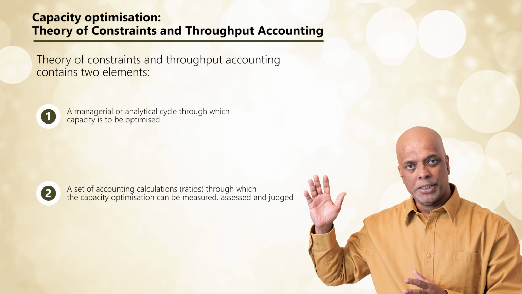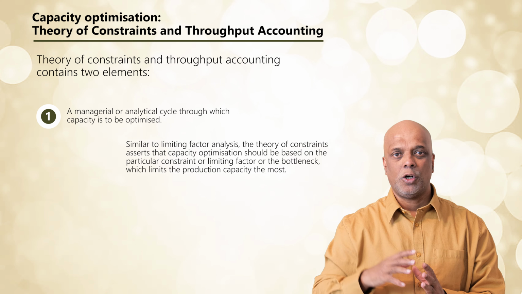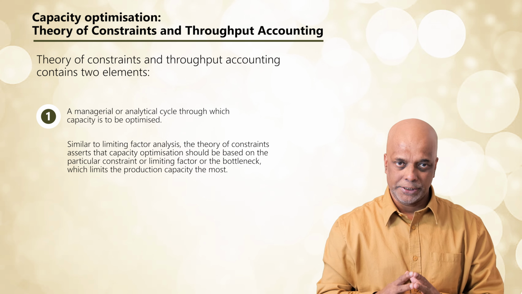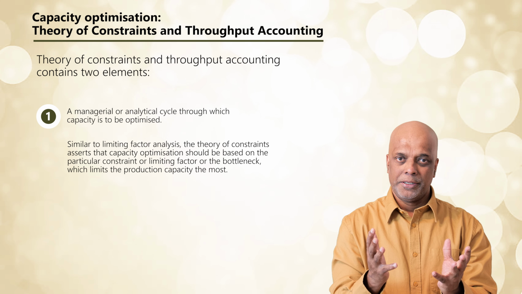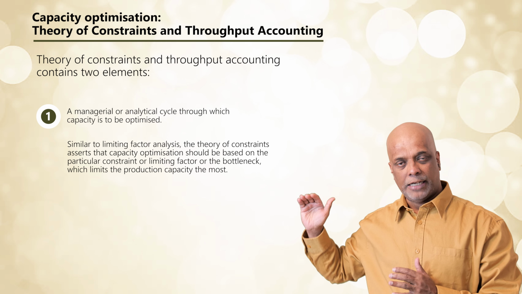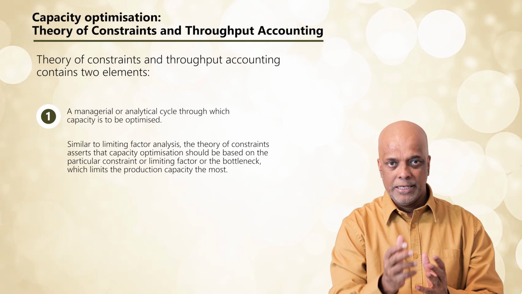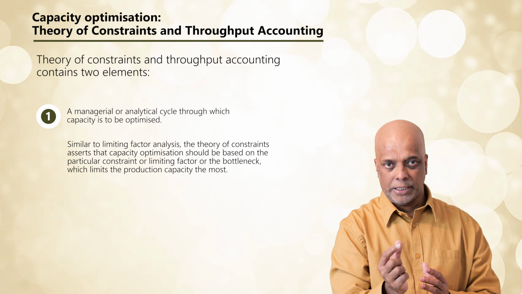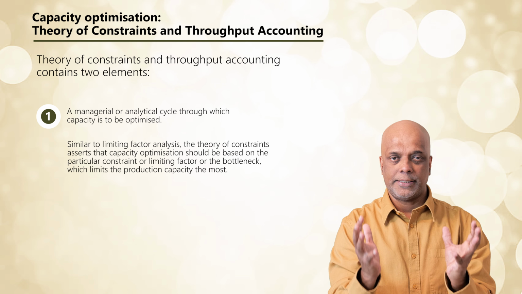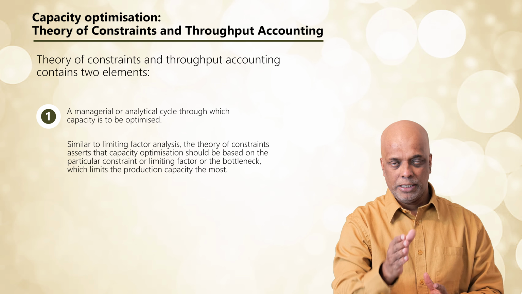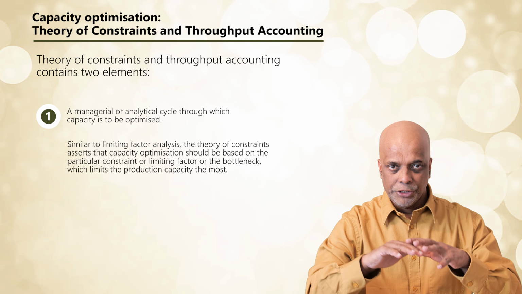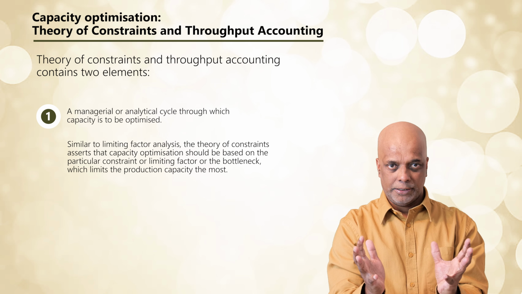When it comes to the cycle of capacity optimization, in the same manner as in the case of conventional limiting factor analysis, the theory of constraint and throughput accounting recognizes that it is a particular constraint or a limiting factor which would constrain the total system capacity. In other words, there should be a specific limiting factor or a constraint or a bottleneck which limits the total production capacity.